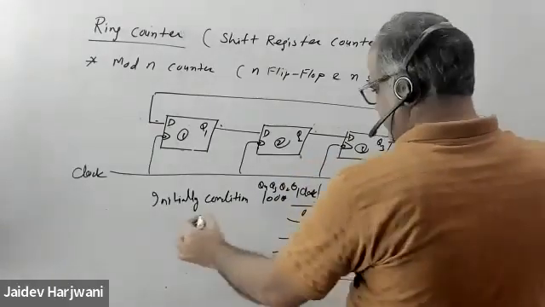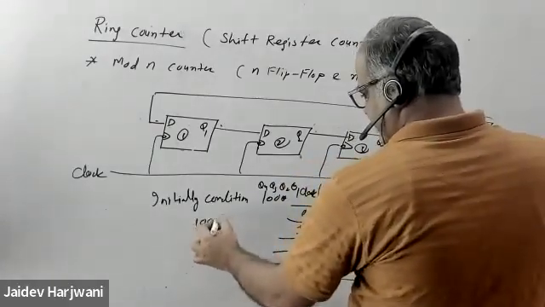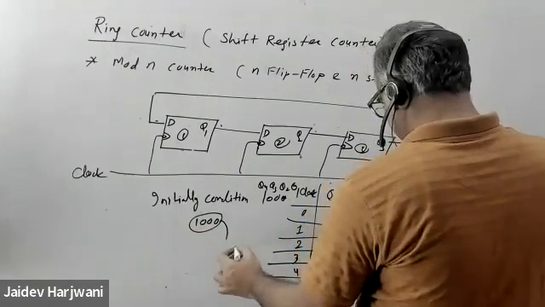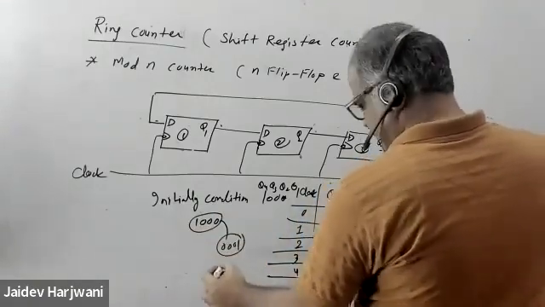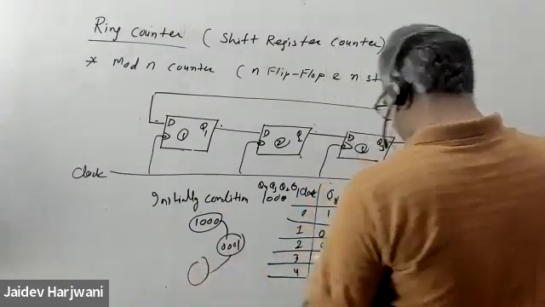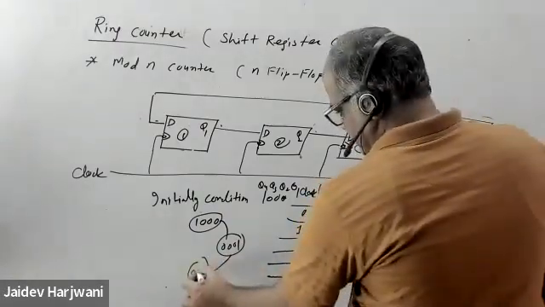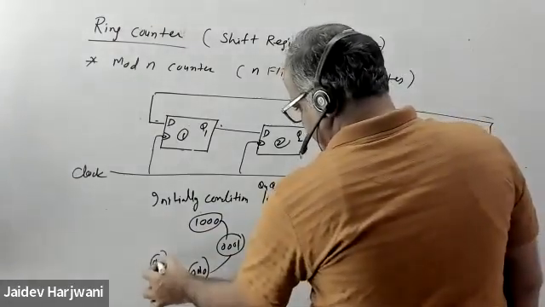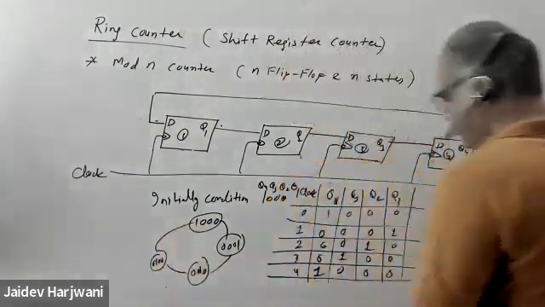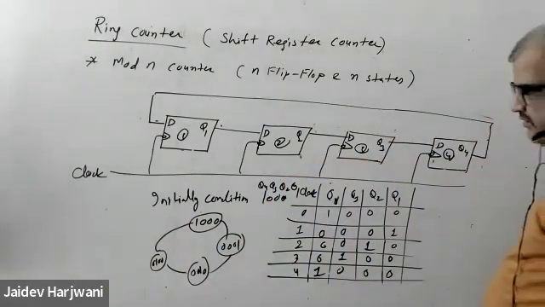If you plot a state diagram, you have 1 0 0 0, then 0 0 0 1, then 0 0 1 0, then 0 1 0 0, and then again you come to 1 0 0 0. So it has only 4 states.